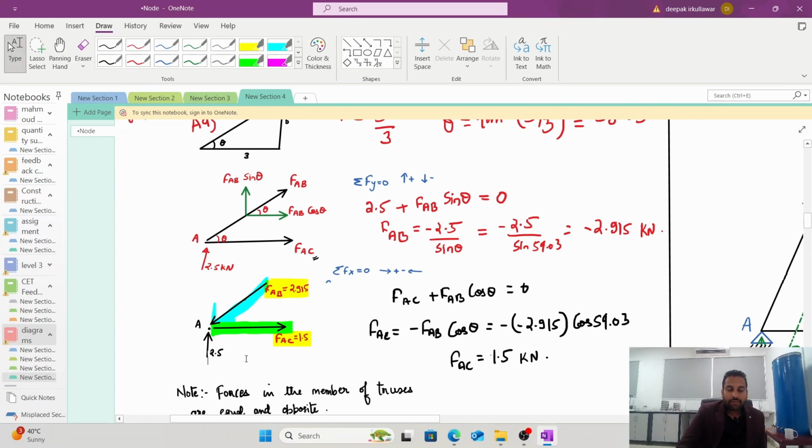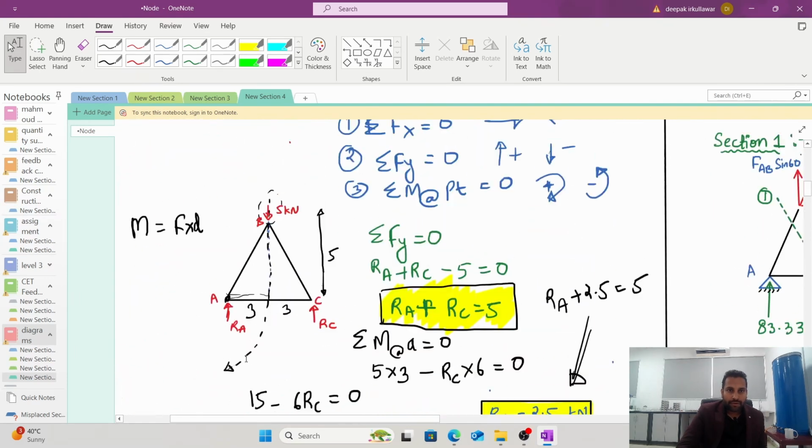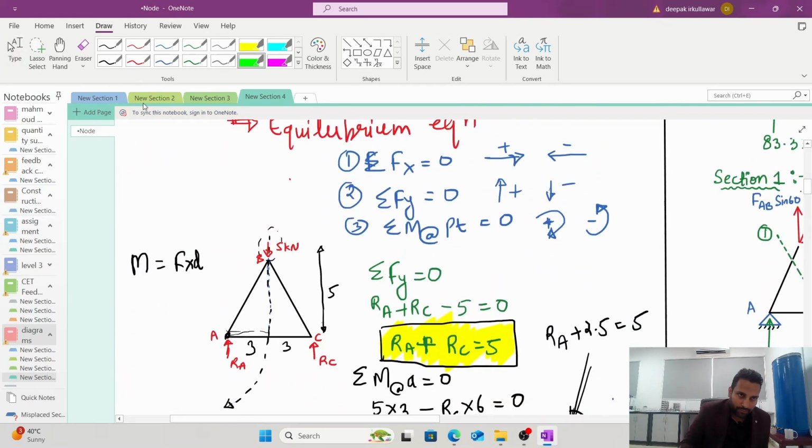Now, the second thing you need to know: forces in a member of a truss are equal and opposite. What do I mean by that? For example, there is a force coming towards A, so the other force would be towards B. They would be equal and opposite. So you have a force AC which is going out of A, and from C also you will have a force coming out, equal and opposite.